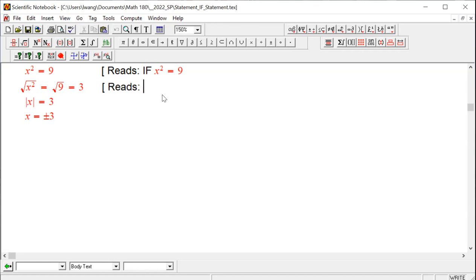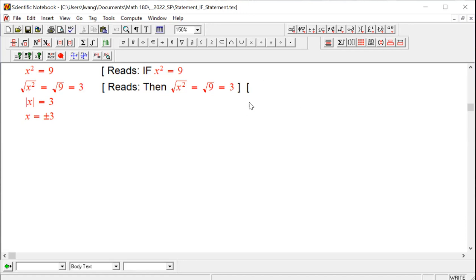I want you to write this down, because we're going to apply this way of reading to a lot of other applications. So reads as, and then the square root of x squared is 3. If then. And then you go ahead, because they're on the same line.